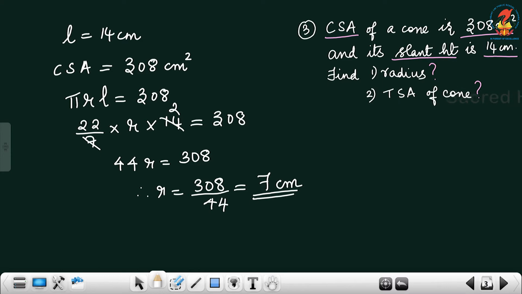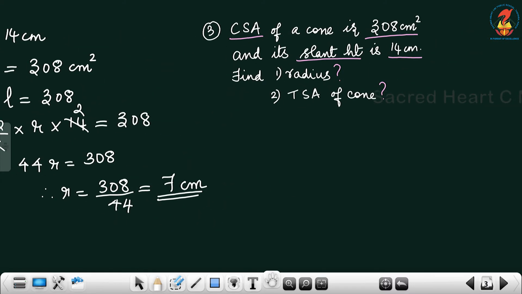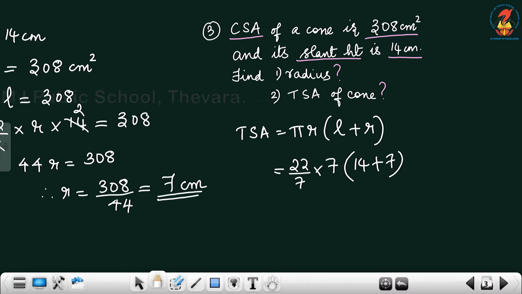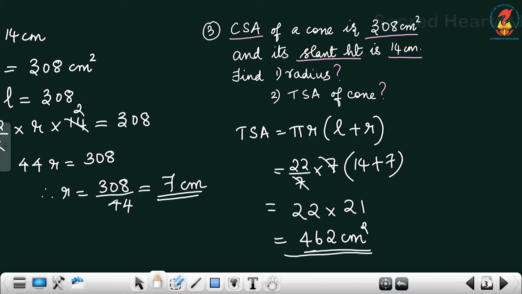So now you got the radius. You can find the TSA of the cone. What is the formula to find TSA? TSA is equal to pi R into L plus R. 22 by 7 into radius is 7, slant height is 14 plus 7. 7 and 7 gets cancelled. 22 into 21, which is equal to 462, since it's a surface area, centimeter square.